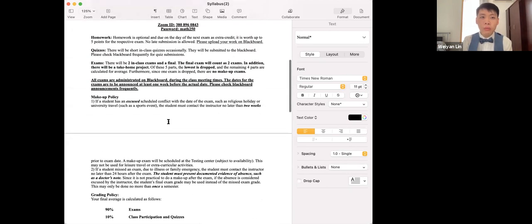So the homework has no grades, but homework is like extra credit for the exam. If you do it correctly, you get points. You get up to 5 points for the exam. For example, the first exam is on Thursday, and any homework due before that counts toward the exam.